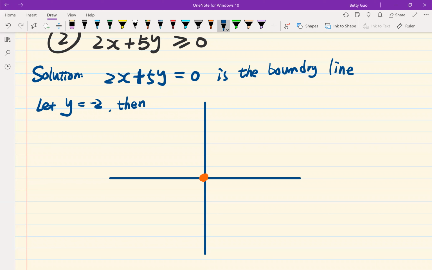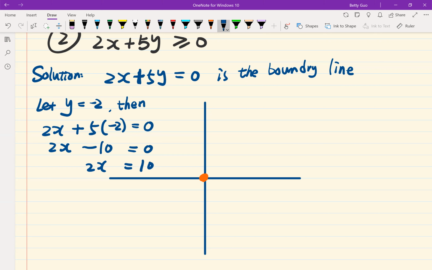Then 2x plus 5 times -2 equals 0, right? I plug y equals -2 into the equation. What is 5 times -2? Positive times negative? Yeah, -10, right? So 2x minus 10 equals 0. Could we move the -10 over to the right-hand side, becoming +10?